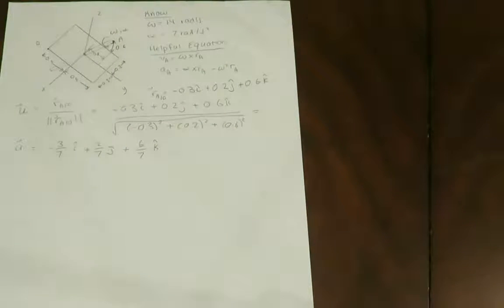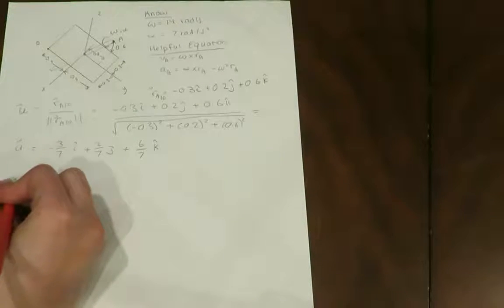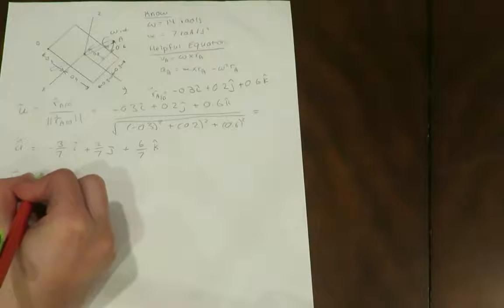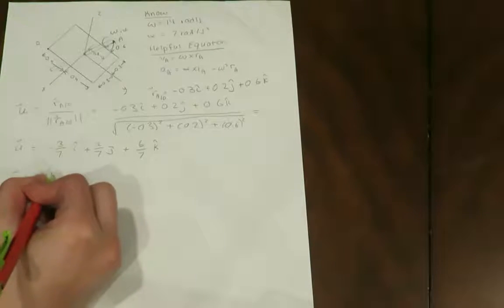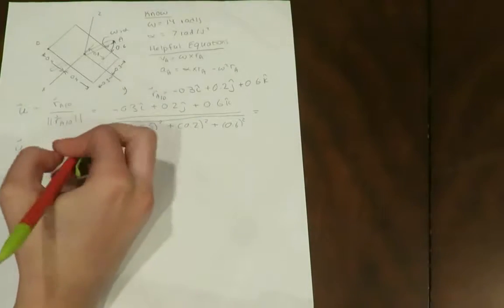Okay, so now we know our unit vector, and we can find our angular acceleration and angular velocity, and they'll be vectors now instead of magnitudes. So omega is equal to omega times this unit vector.